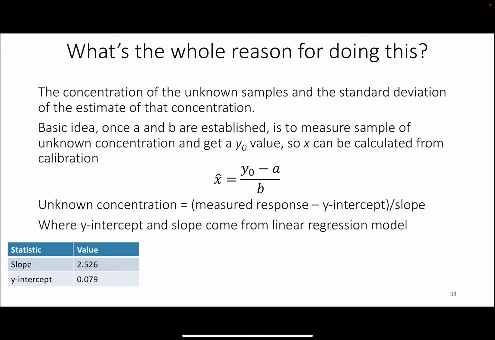And as importantly, you can calculate the standard deviation of your estimate of that concentration. So you know the slope, you know the y-intercept, you know y0 is what you measured for your unknown sample, and you can calculate x, which is your concentration. So your unknown concentration equals the measured response minus the y-intercept divided by the slope, where the y-intercept and slope come from your linear regression model.